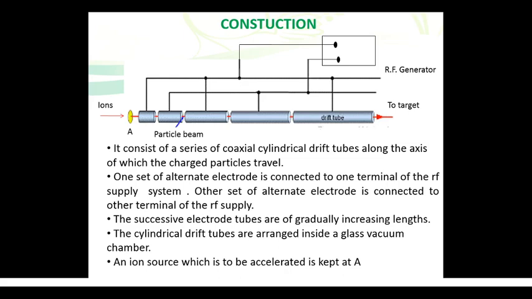All these cylindrical drift tubes are arranged inside a glass vacuum chamber. An ion source, or the particle which has to be accelerated, is kept at the source point A.